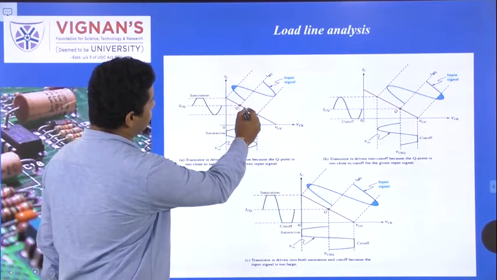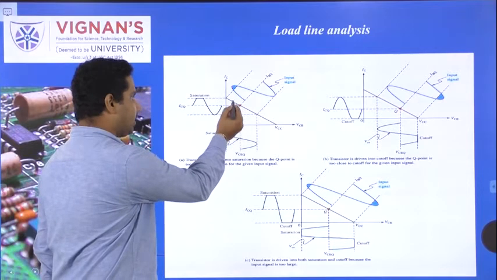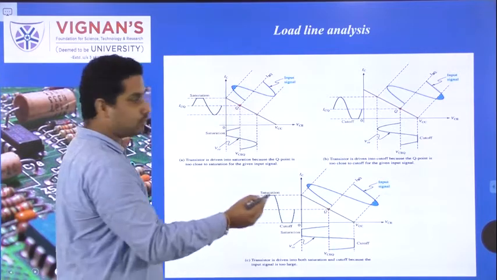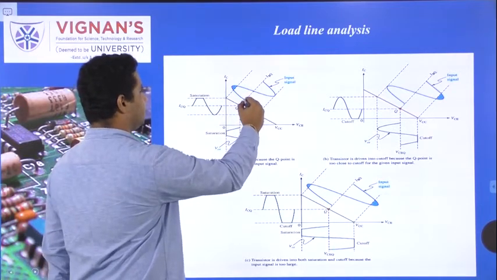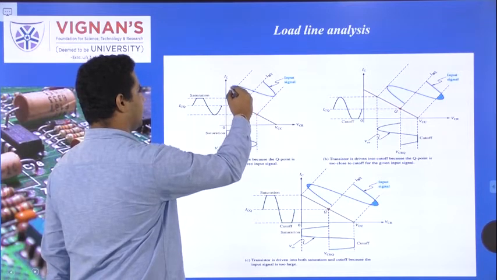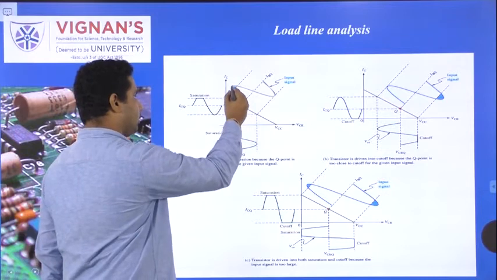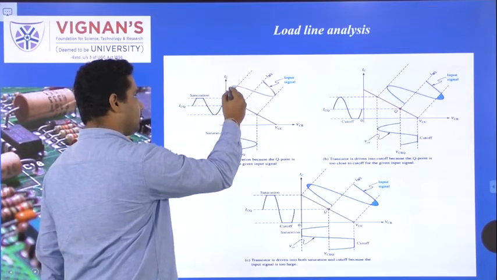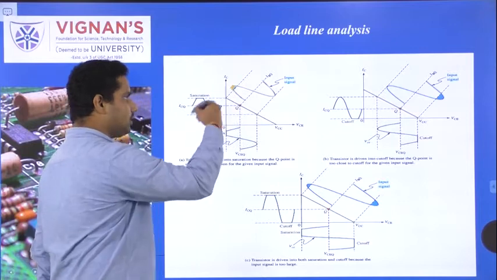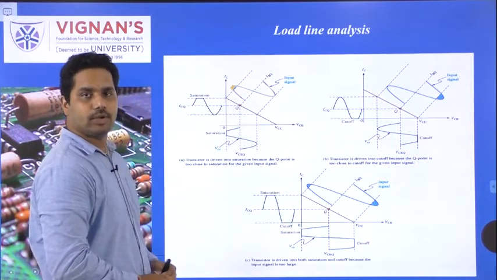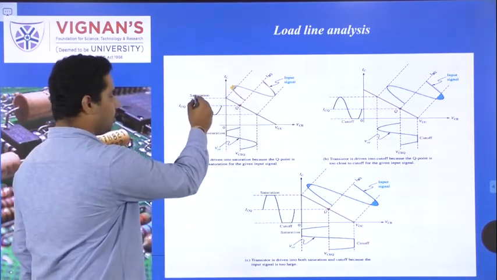Because of that, what is happening? This is your input signal, but we can see that some portion of the input signal is getting clipped. In the output side, some portion is not available.